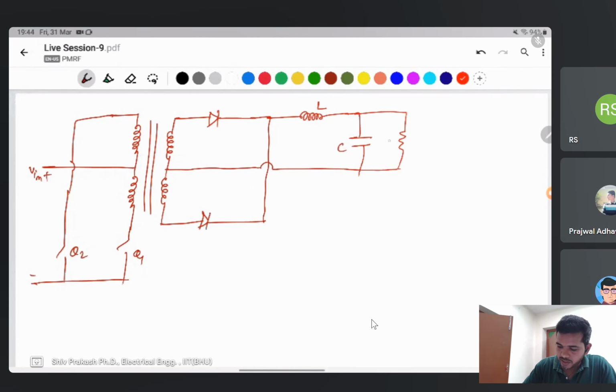Capacitor, inductor, output voltage. Now I put the current. Diodes D1, D2. Primary side turns ratio, and this one is the secondary side turns ratio. The dot convention is like that for a push-pull converter.